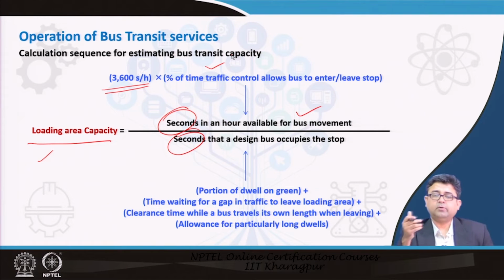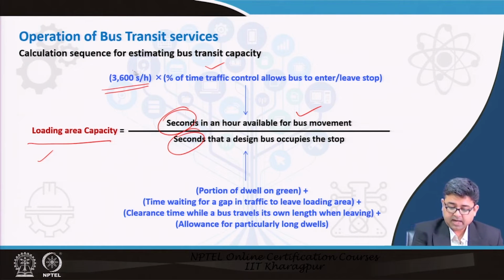So, you have to do some manual calculations. You have to be at a bus stop or bus station and figure out what percentage of time the traffic control, meaning the traffic environment around that bus stop, allows the bus to enter or leave that stop, right.